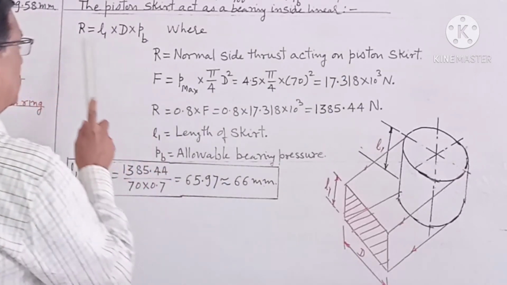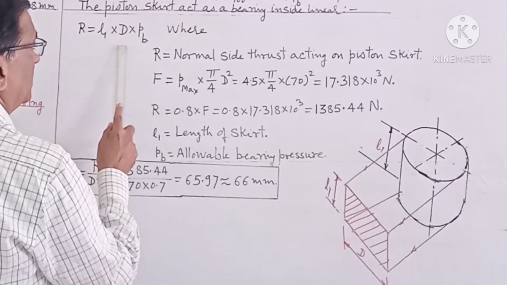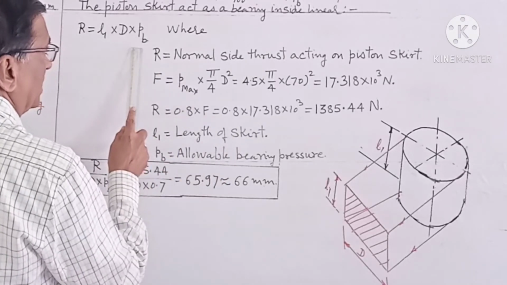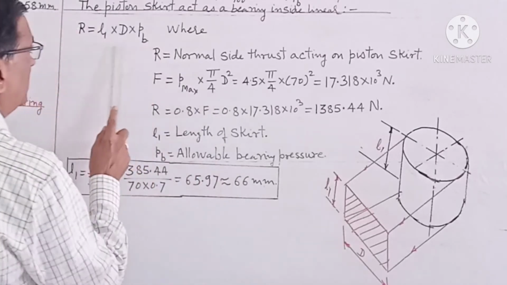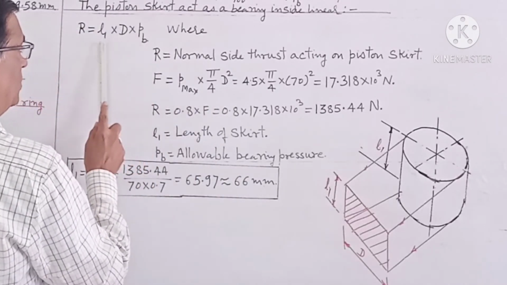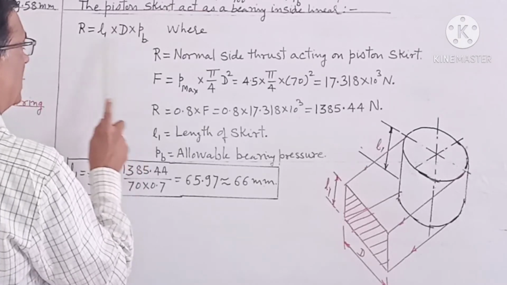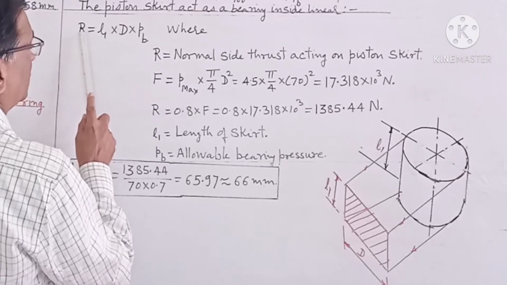So the force is equal to area into bearing pressure. This area is equal to L1 D and permissible bearing pressure is PB. So area multiplied by bearing pressure is equal to the normal side thrust acting on the piston, that is R.